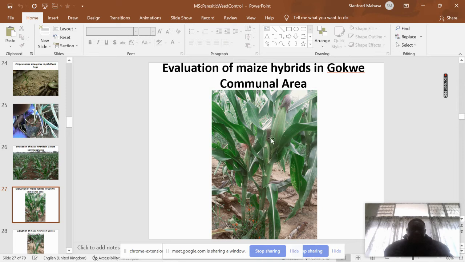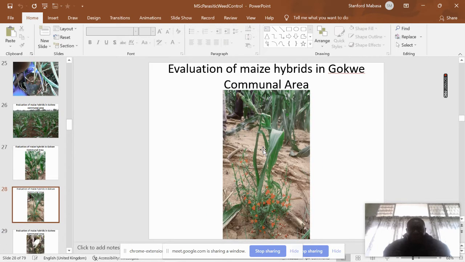The maize was able to produce good cobs. These are the maize hybrids developed at UZ. You can see striga. This is in Gokwe during evaluation of the hybrids.